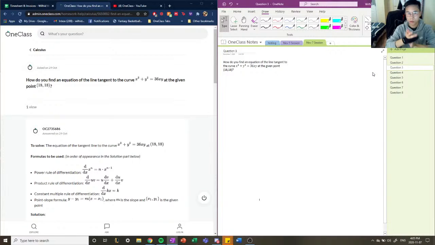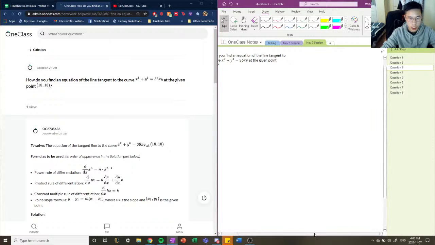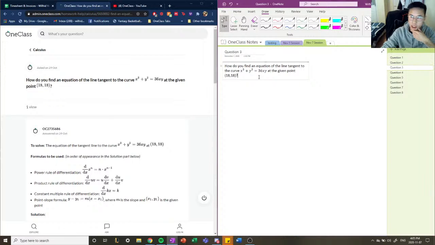All right, so we're going to take a step back from explicitly deriving equations, and we're going to talk about a technique called implicit deriving. The question reads, how do you find an equation of the line tangent to the curve x cubed plus y cubed equals 36xy at the given point 18, 18?